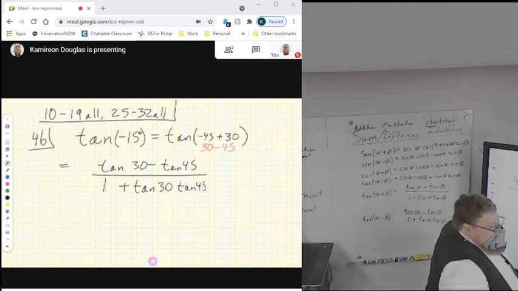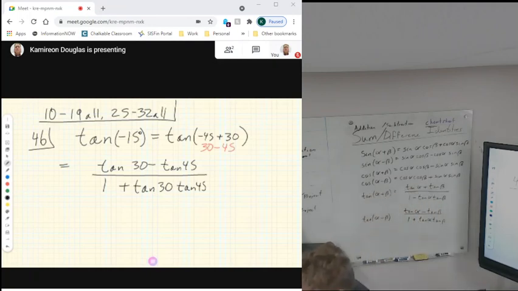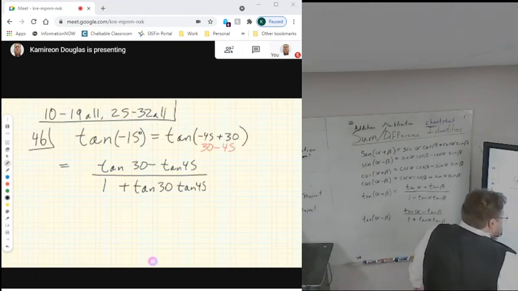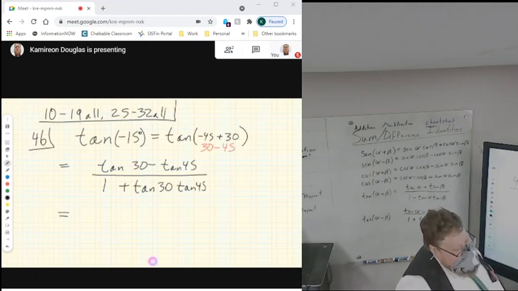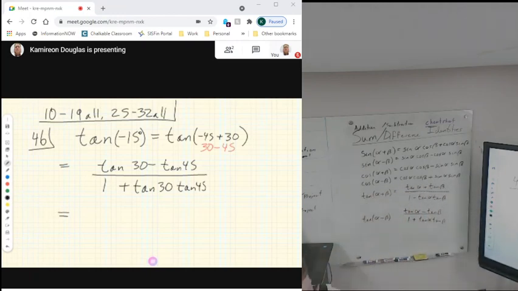I'll be honest, when I did this problem, I did not choose those two. I did 45 minus 60. You'll see why in a minute. Because 45 minus 60 gives you negative 15.